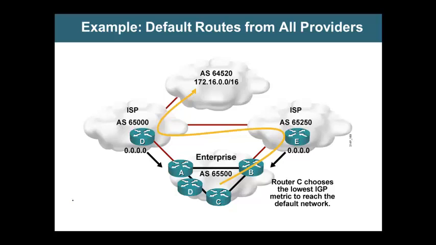Using OSPF, it will see whether going out of A is better or going out of B is better, and it chooses the one whose metric is lower. So C chooses B. Maybe here the cost is 10, here it is 10 plus 10, which is 20. So instead of going this way, it takes this way.